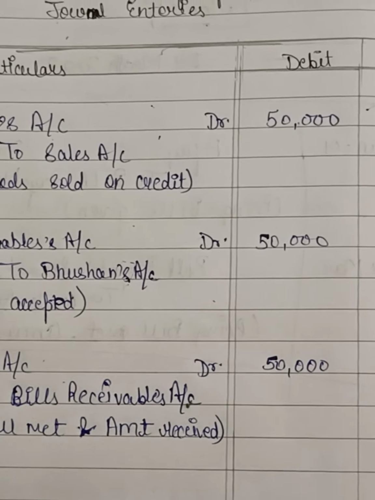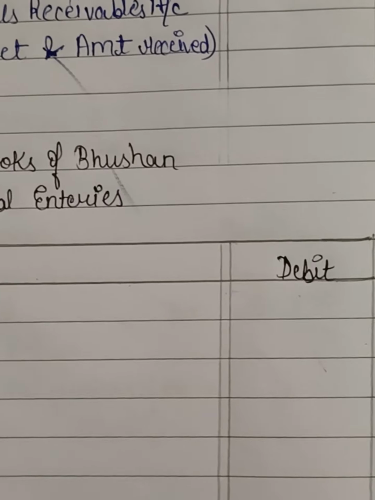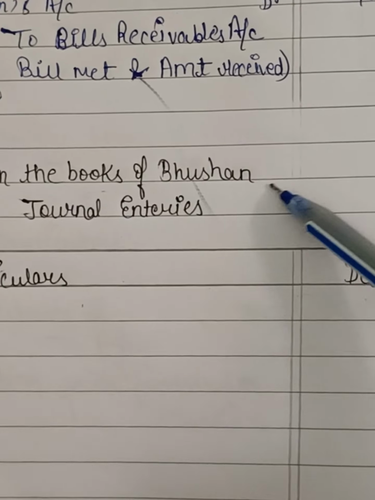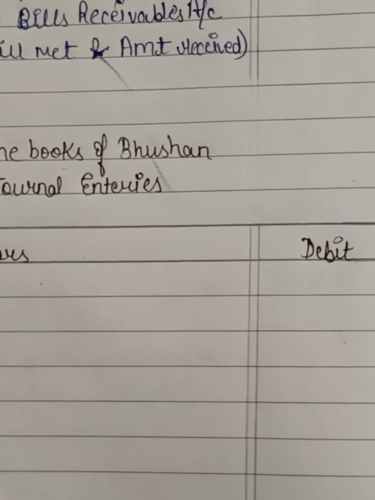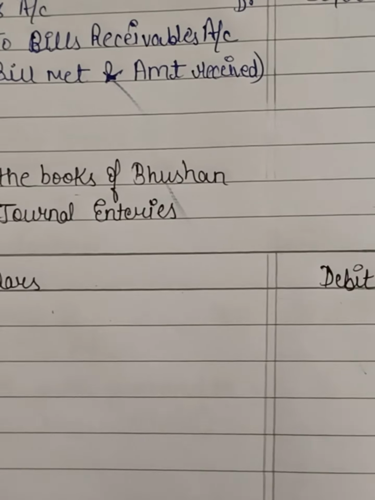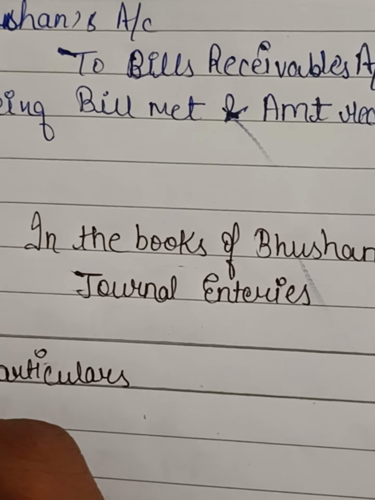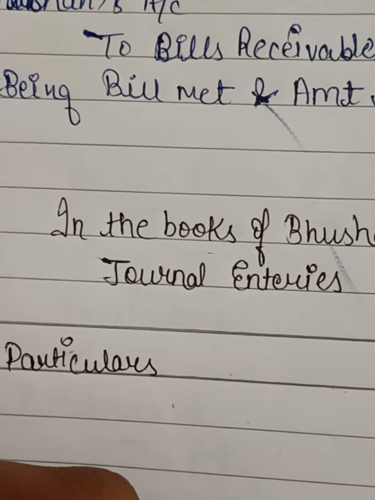Now we have to do general entry in the books of Busan. Again you have to make the same format in the books of Busan: general entry, date, particulars, ledger folio, debit and credit. So let's start. So the date is 2023 January 1.